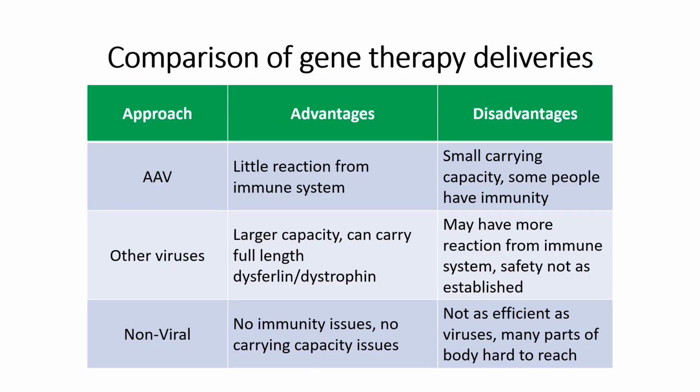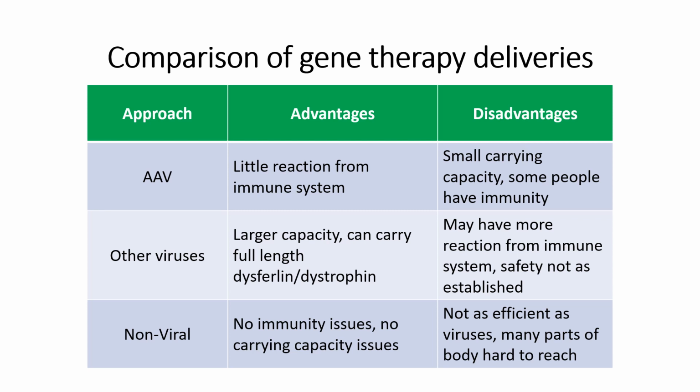Now, there's a few alternative approaches which aren't as well developed and aren't being tested in clinical trials in people yet. Okay, we've gone over AAV. Now, another disadvantage of an AAV is it's very small, which means that the biggest gene that it can carry isn't that large.